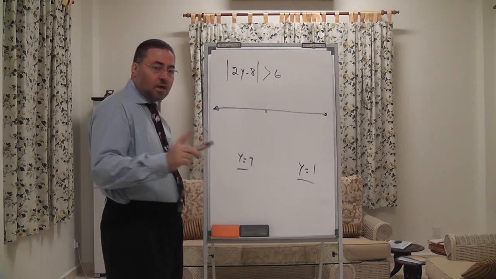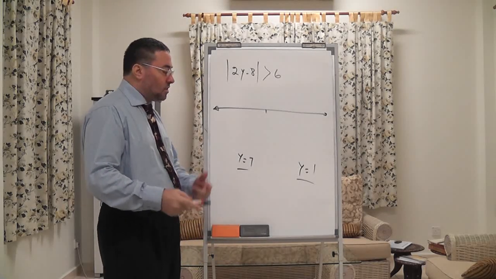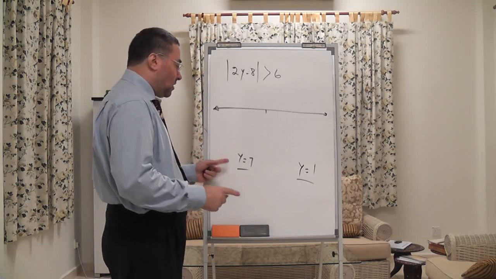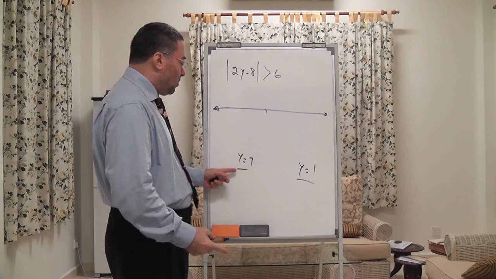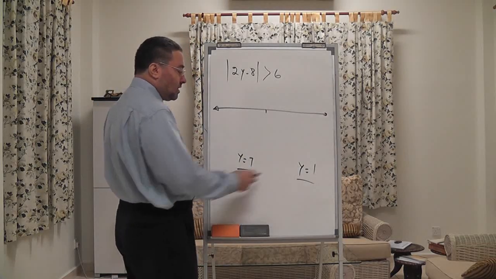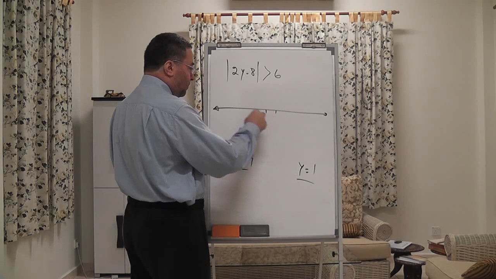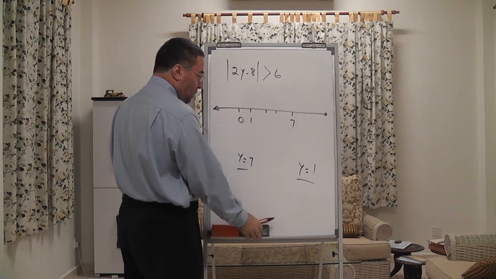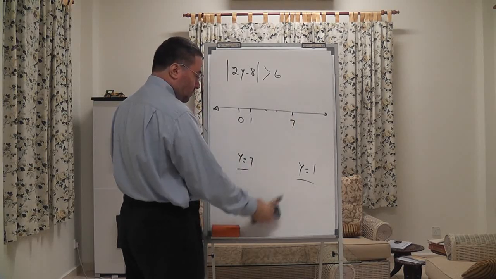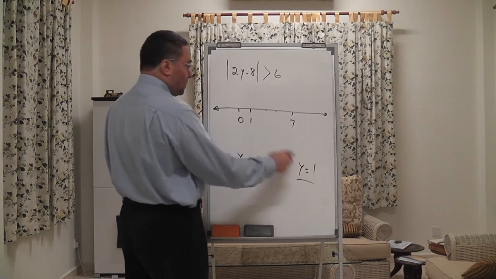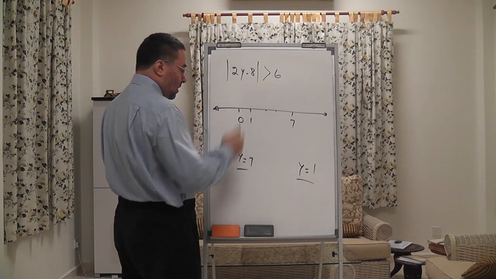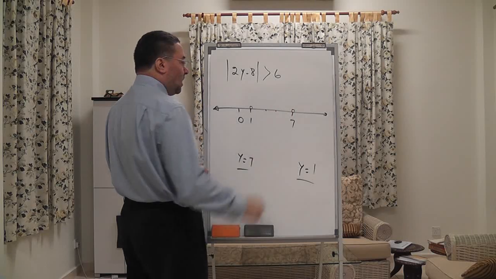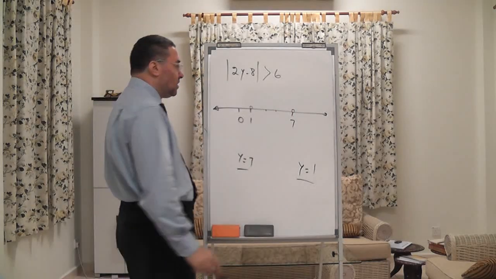Even though the word root is not used in this situation, since we are going to use it later on, it will be easy to remember at this point that these are the roots. We put our 0 here, and 1 here, and 7 here. So the roots for this absolute value are 1 and 7, and these are not included in our solution.